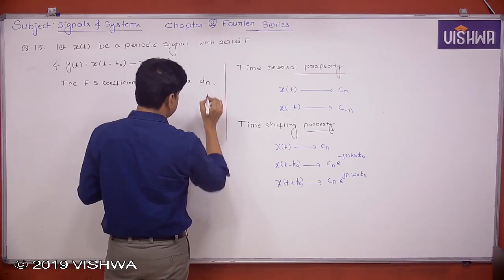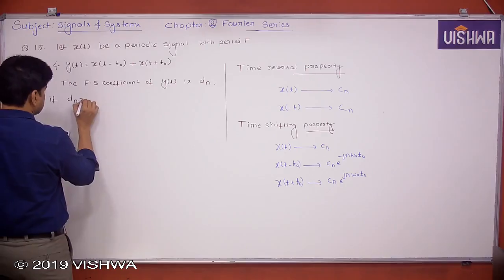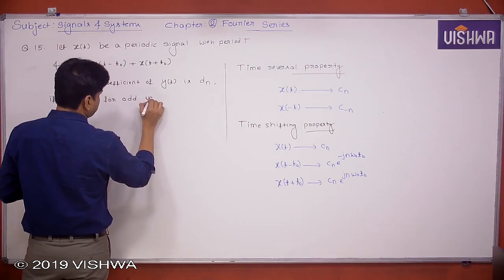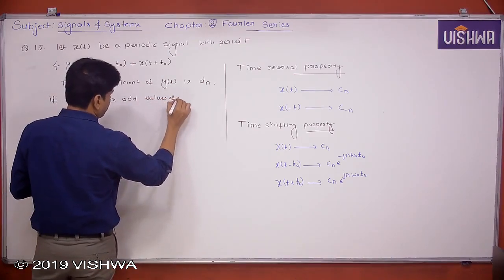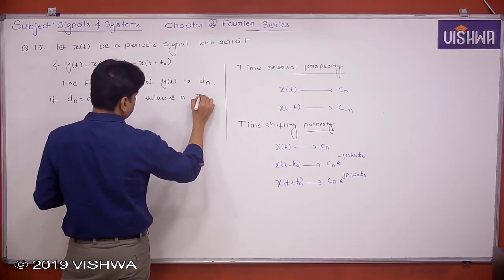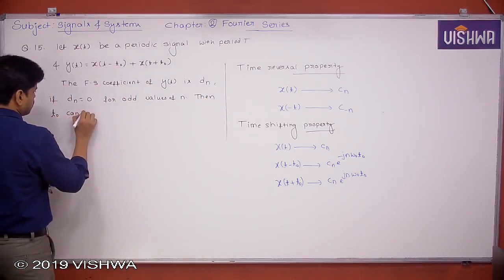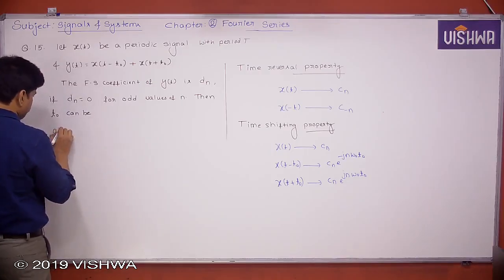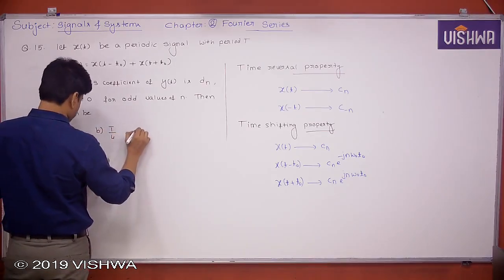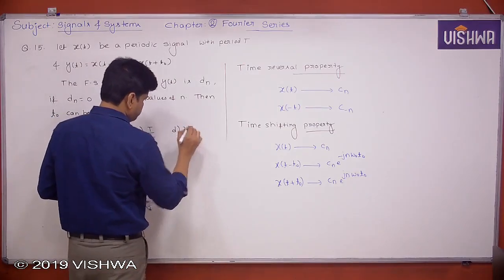If dn is equal to 0 for odd values of n, then t naught can be, options: T by 8, T by 4, T by 2, 2T.